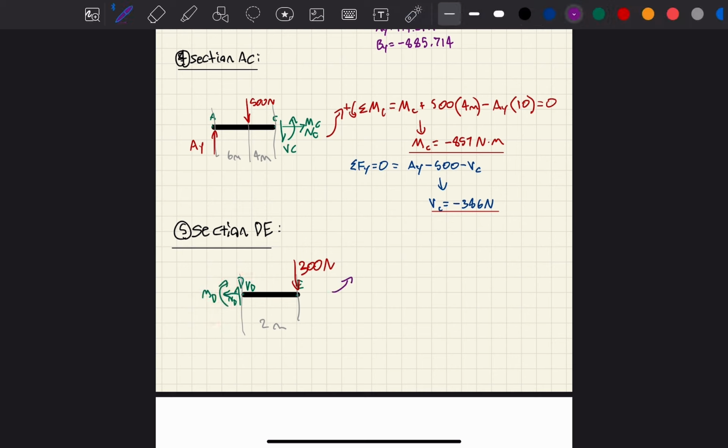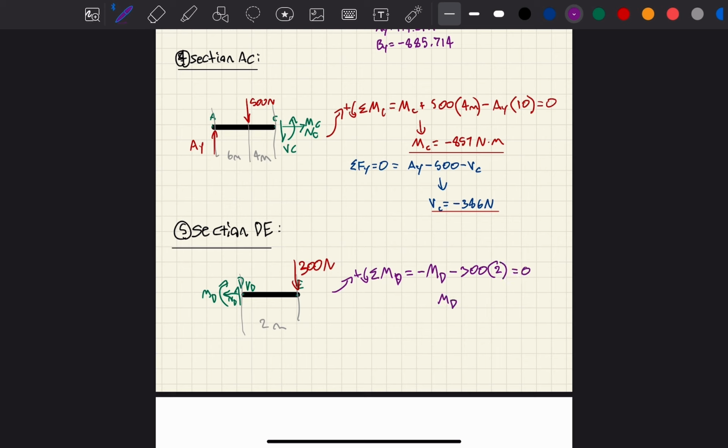If you take the summation of the moments around point D, this is a clockwise moment, so it's actually going to be negative. And then this will cause a clockwise moment again, so it's going to be negative 300 times 2 meters. This is equal to 0.